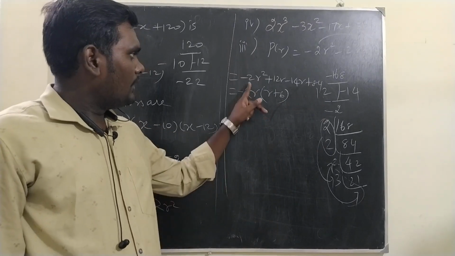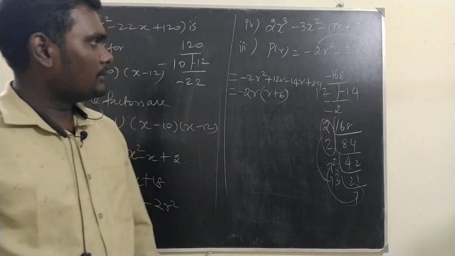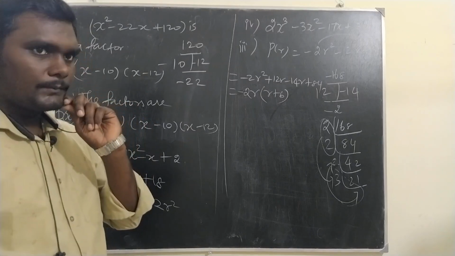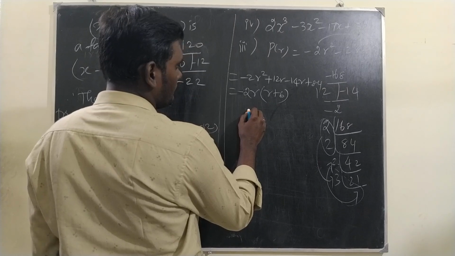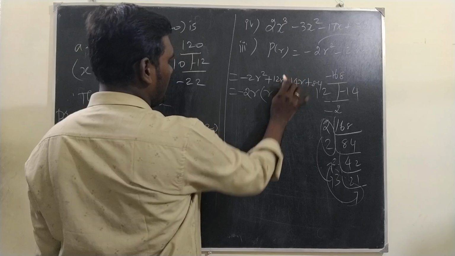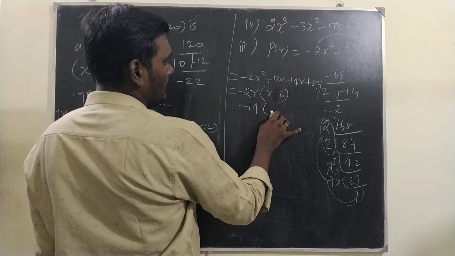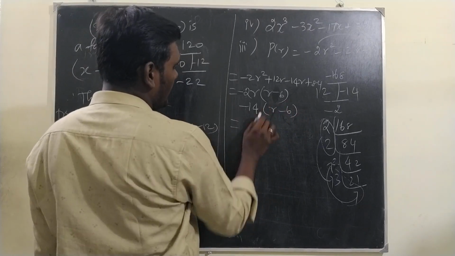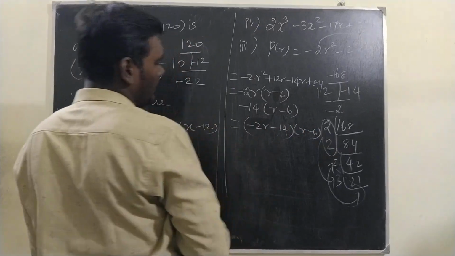And then from the other two, minus 14 we can take out as common, then we have here also r plus 6. So it is minus 2r minus 14 into r plus 6.